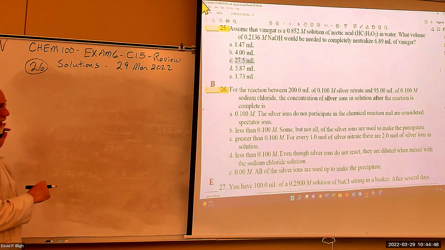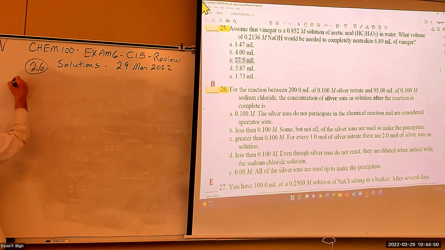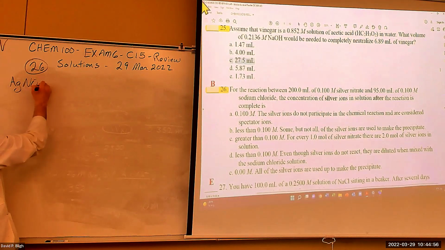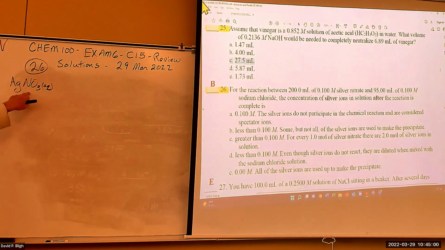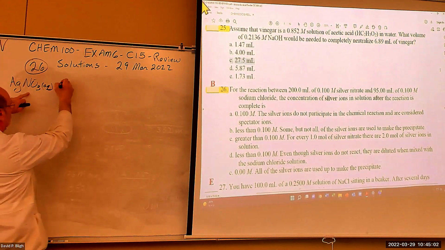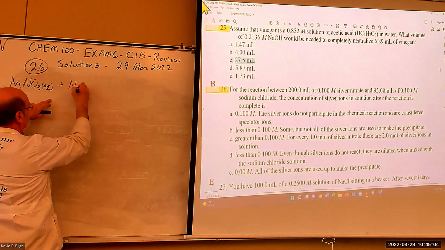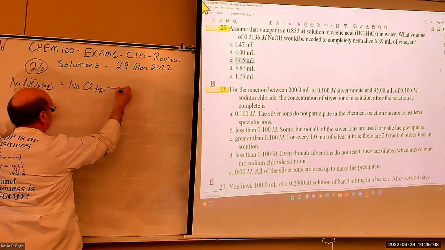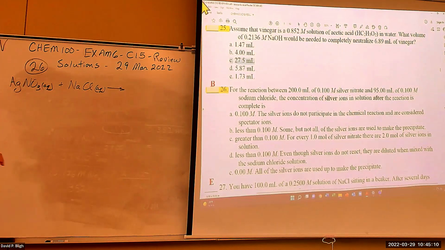The reaction between silver nitrate and sodium chloride is a double replacement reaction.